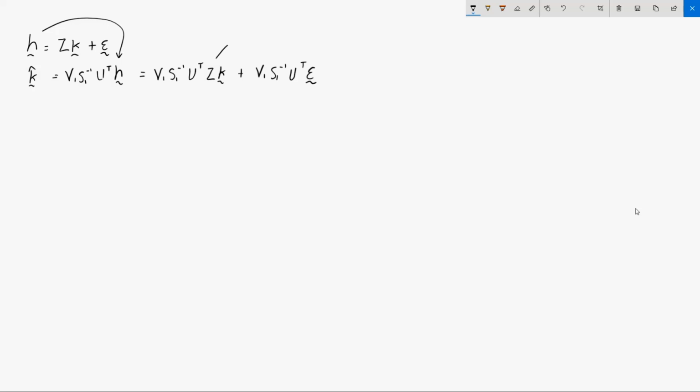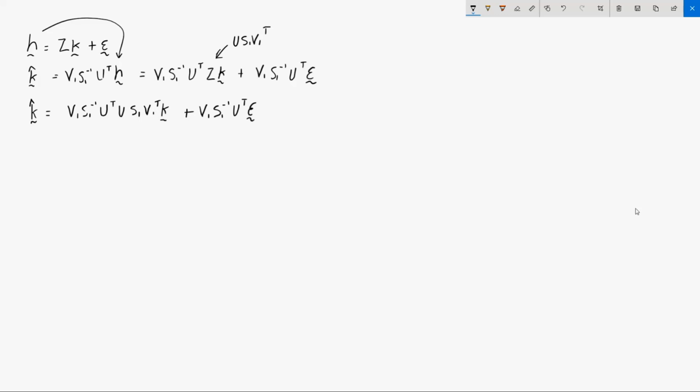Now let's remember that we can write Z as U S1 V1 transpose and make that substitution, so that we obtain K hat equals V1 S1 negative 1 U transpose U S1 V1 transpose K plus V1 S1 negative 1 U transpose epsilon.